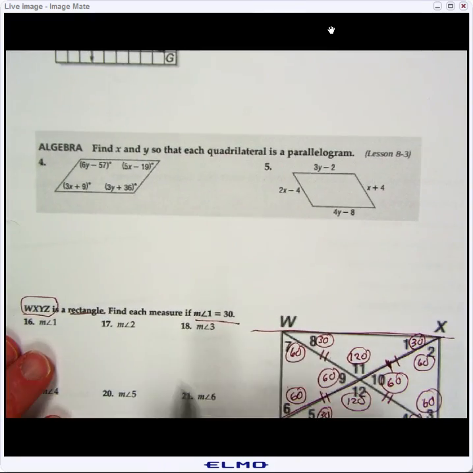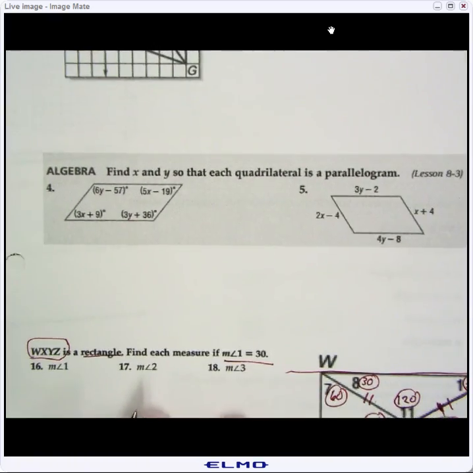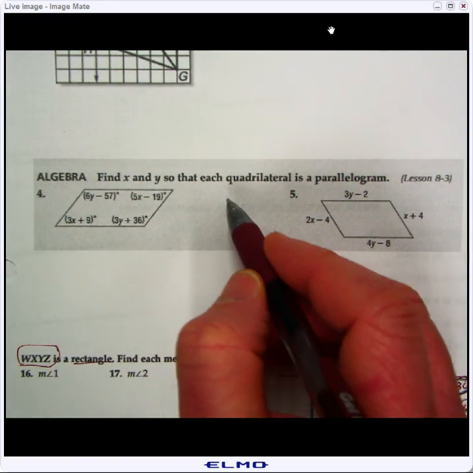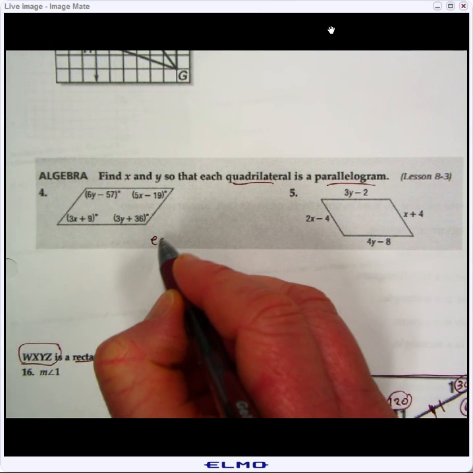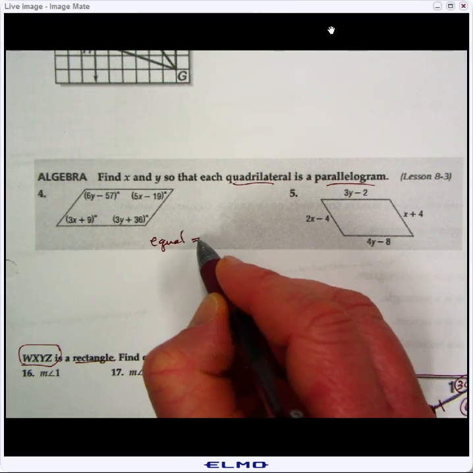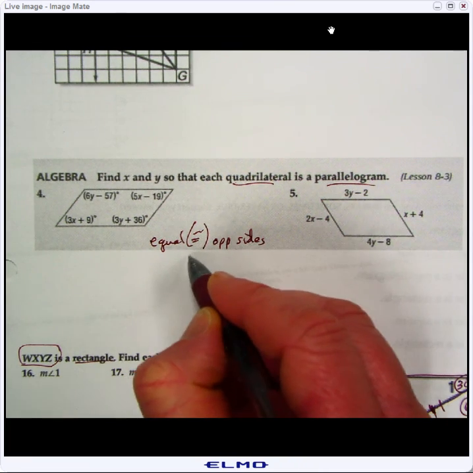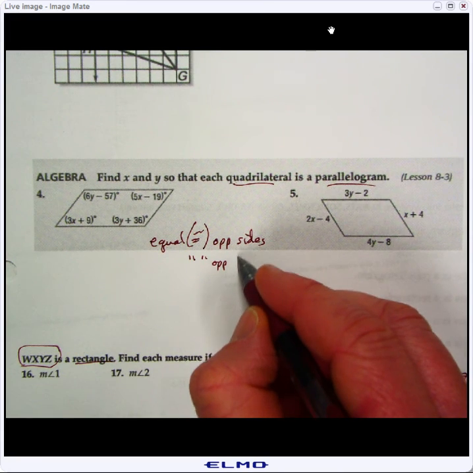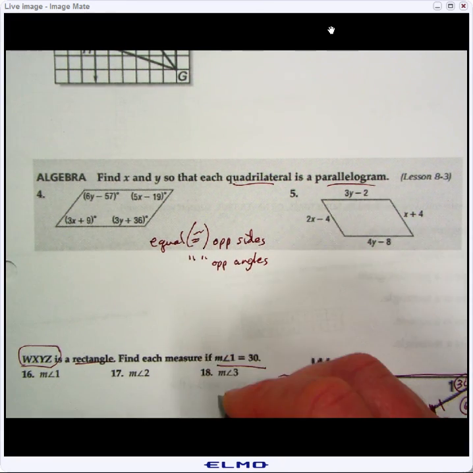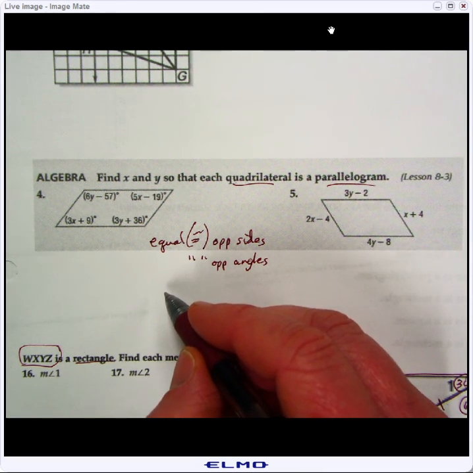The second problem that we're going to look at here is using algebra within geometry. So find x and y so that each quadrilateral is a parallelogram. So parallelograms have equal or congruent opposite sides and opposite angles, and you also have consecutive angles are supplementary because they're parallel lines.